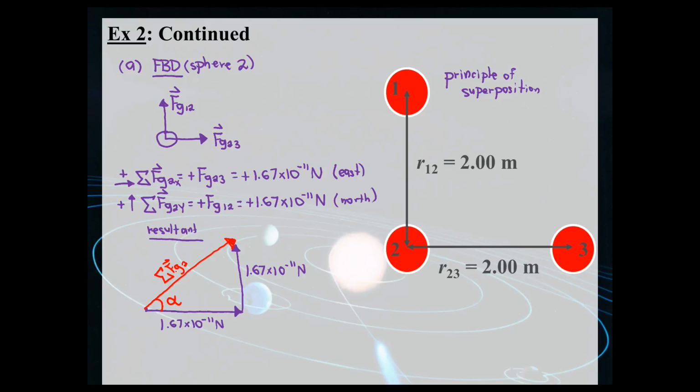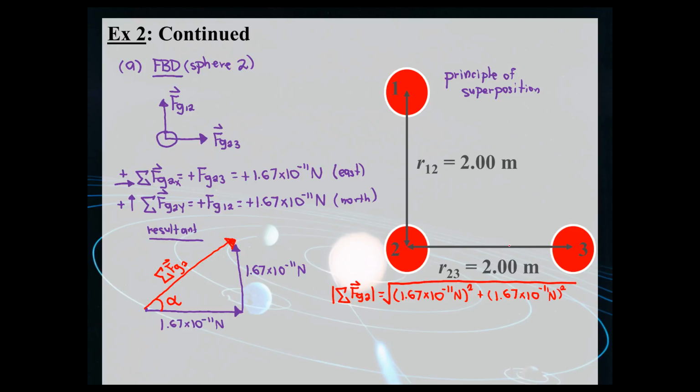Okay, so to get sigma FG2, we need the magnitude, and we need to know what that angle is. So the magnitude, just use Pythagorean's theorem. So the magnitude of sigma FG2 would be equal to the square root of 1.67 times 10 to the negative 11 newtons, squared, plus 1.67 times 10 to the negative 11 newtons, all squared.